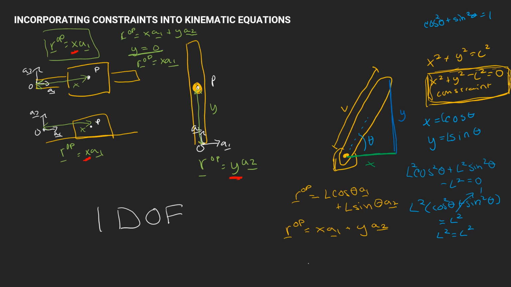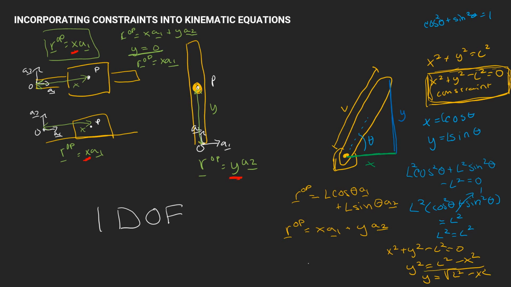So you could take this constraint equation, x squared plus y squared minus L squared equals 0, and write it as y squared equals L squared minus x squared, so y is equal to the square root of L squared minus x squared.